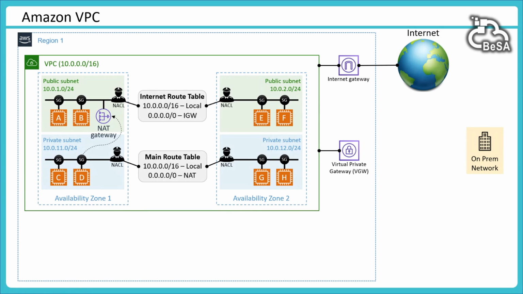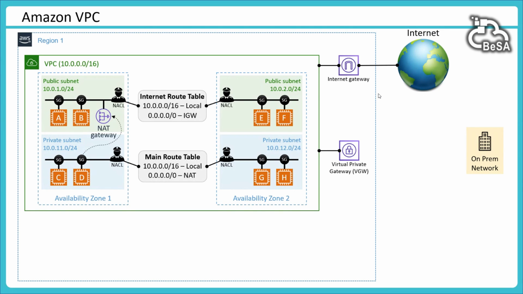A VGW is associated with a VPC the same way I have associated an internet gateway with the VPC. I would create a VGW and say, hey VGW, you would be connected to a specific VPC, and it would be a way for you to go to external on-prem networks, right?